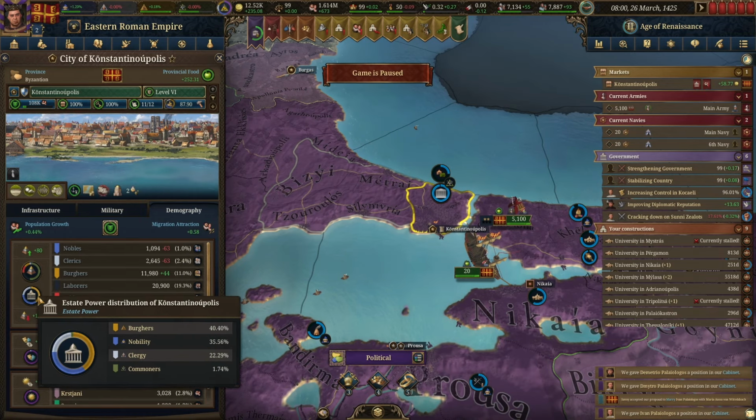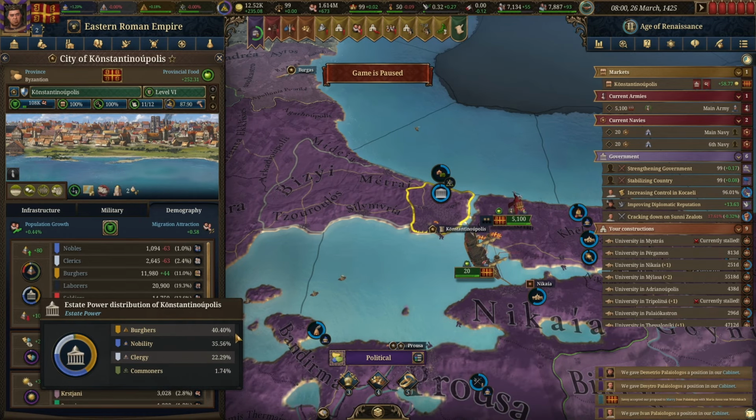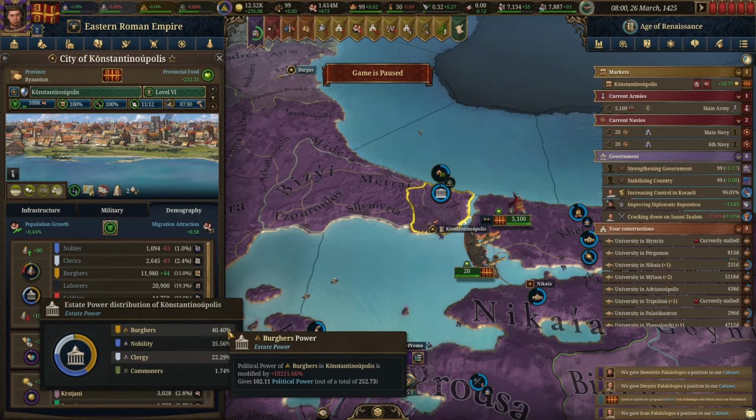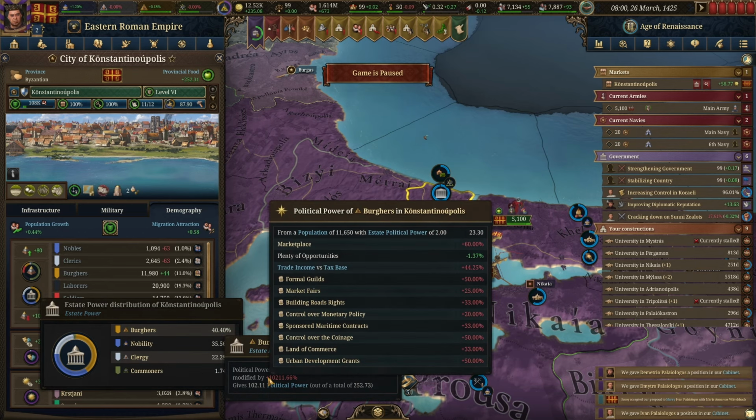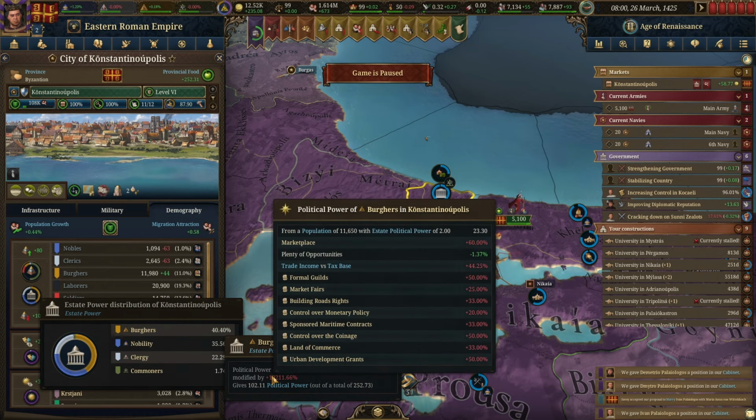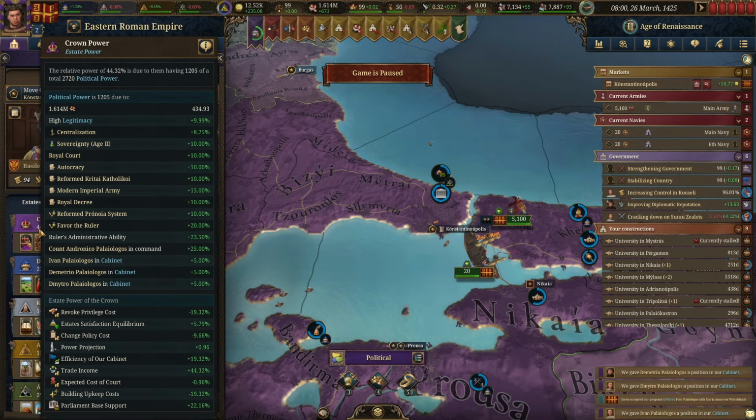But you might actually say, we've already kind of done that. As you can see, the burghers have actually overtaken the nobility here in Constantinople and are the main source of political power here, and are getting the lion's share of it. Unfortunately, you'll never really reach a point where an estate is getting no political power, because political power stems from the pops themselves, which is also the same for the crown.